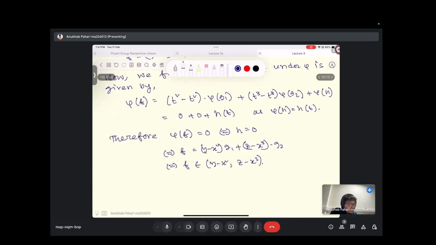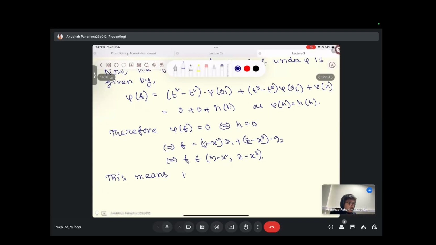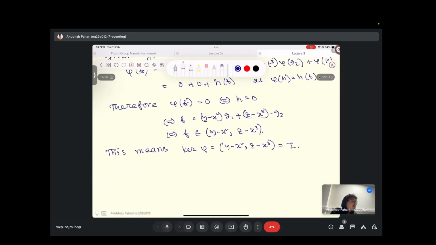So this means ker phi equals (y minus x^2, z minus x^3) equals I. So k[t] is isomorphic to k[x,y,z] by I.